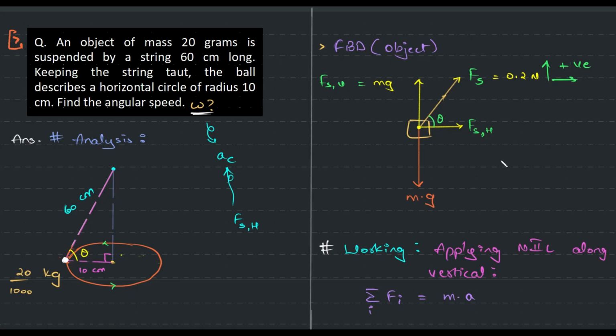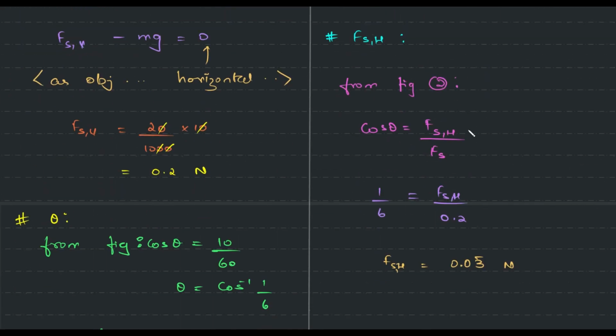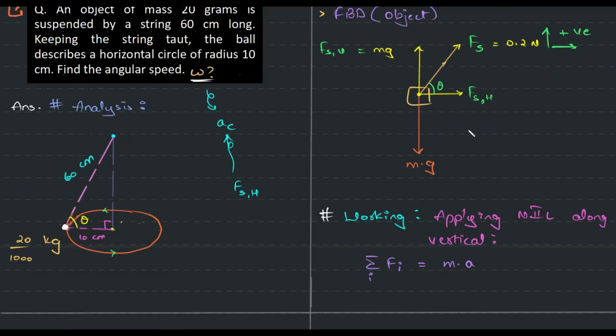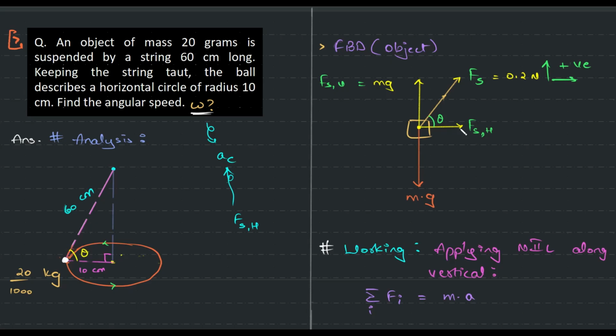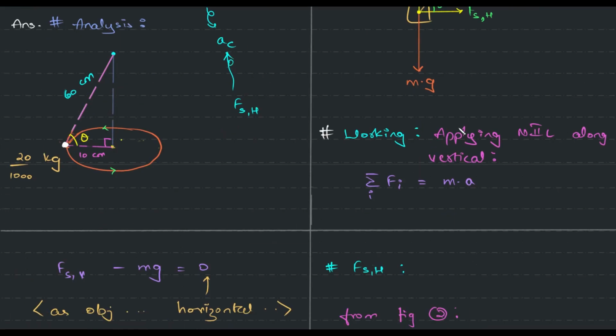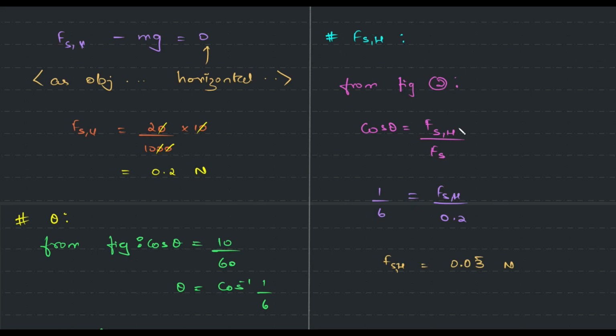Theta is, okay, wait, did I make theta wrong? Theta is sine, I think I got theta wrong. Cos theta is cos theta. No, wait. mg vertical, okay. And I found theta. FSV is this, not FS.